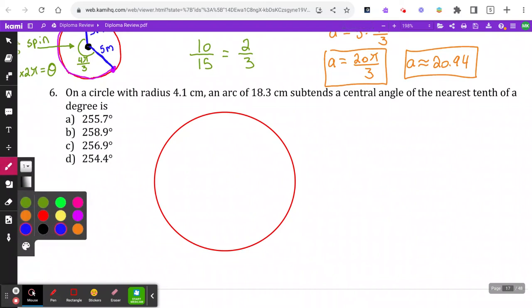With radius 4.1. Center of the circle to the edge of the circle, 4.1. An arc of 18.3. So that means if you go around the outside, that's 18.3.